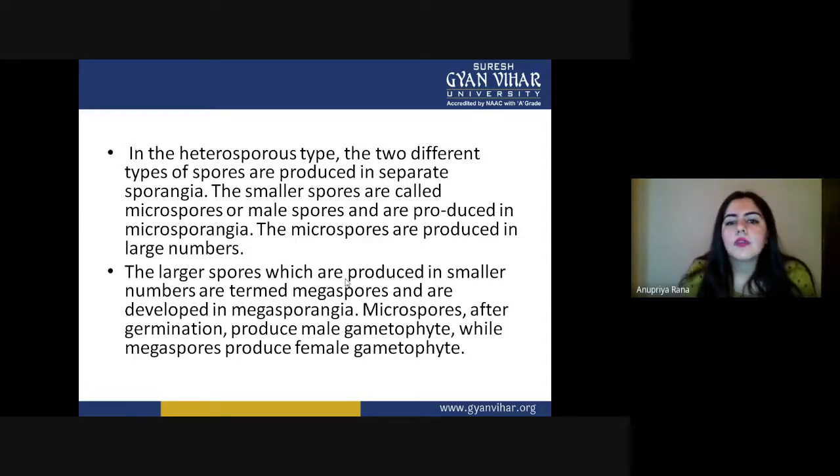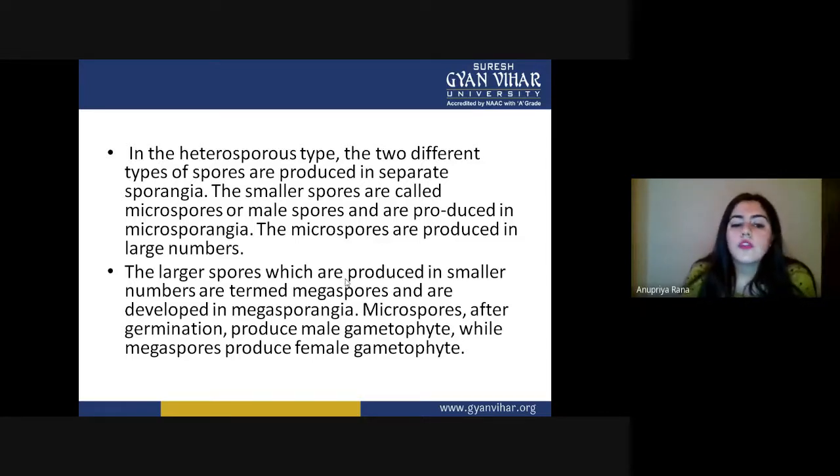The second thing is the megaspore. We will see it later. Megasporangia are the female sporangia, and the spores which form inside them are called megaspores. They are larger in comparison to the microspores. Megaspores are larger, and they are the name for the female unit of the plant.